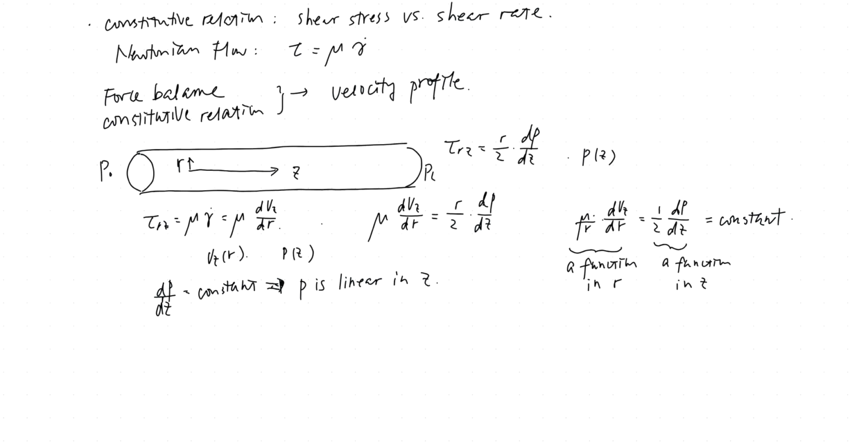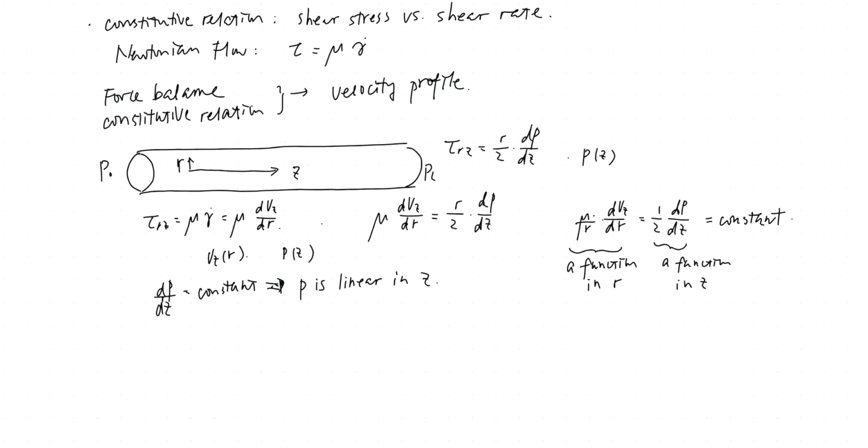This is actually a pretty good result for pipe flow. For laminar pipe flow, if the flow is driven by pressure, then the pressure is linear along the axial direction. Now, when you look at this equation again, you can just treat dp dz as a number. You can call it a, b, c, d, whatever you feel comfortable. If you just ignore that it's a derivative, and replace it with a number in your mind, then this is actually not so intimidating.